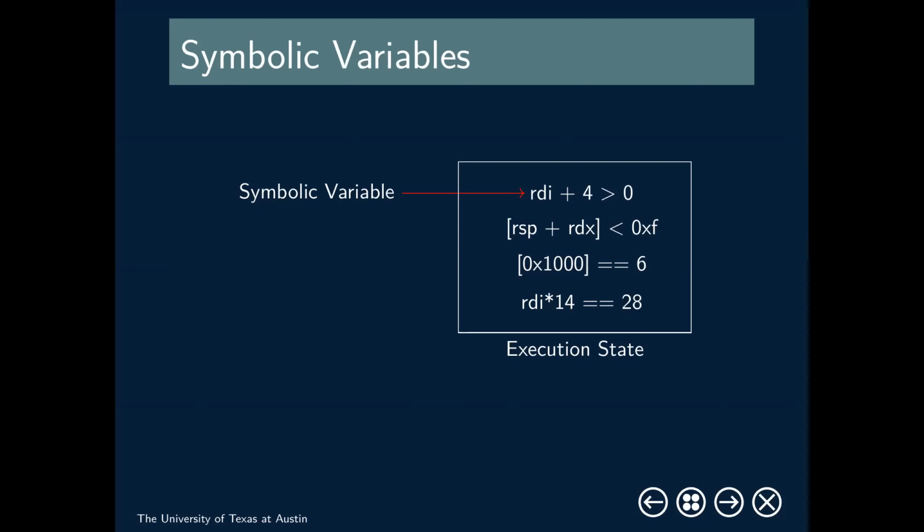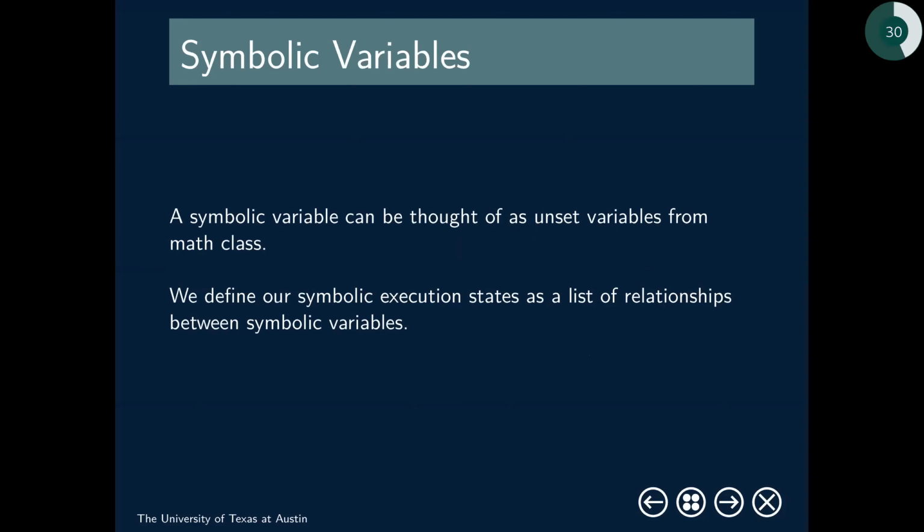So if you think about it, this is essentially X from an Algebra 1 class in middle school. It's just an unset variable. It's just a name. Kind of hard to define symbolic variables other than just a string. It's literally just a string that we associate with an unknown value.